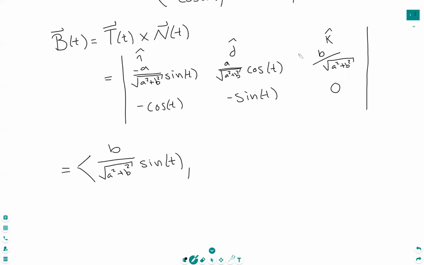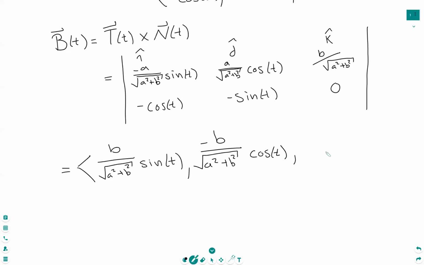And remember, we're subtracting this multiplication, but there's also that extra negative from this j hat. So here we have negative b over the square root of a squared plus b squared cosine (let's put parentheses there) of t.